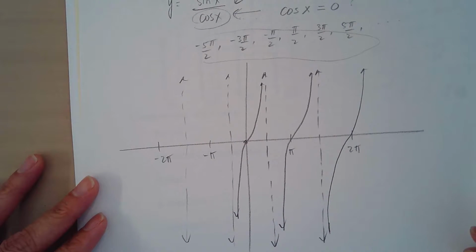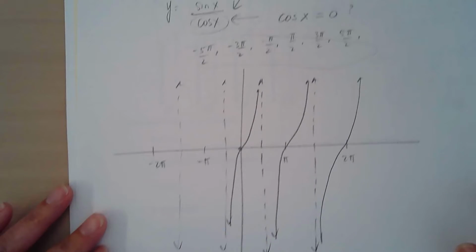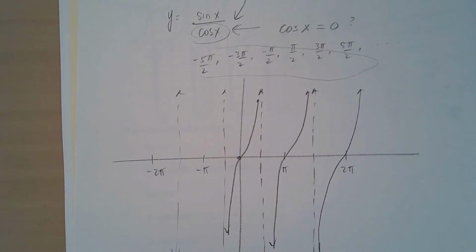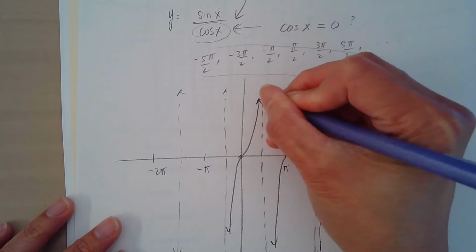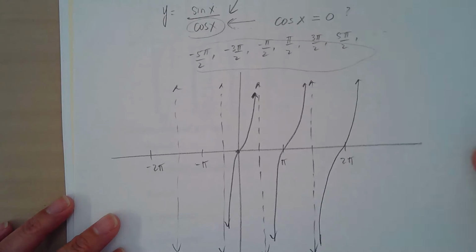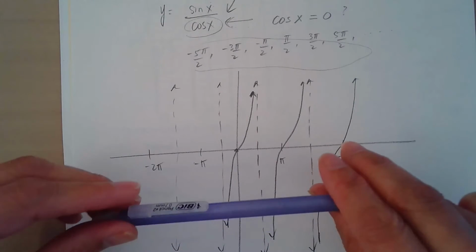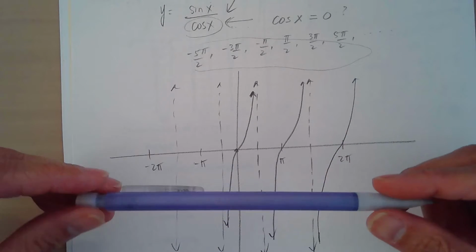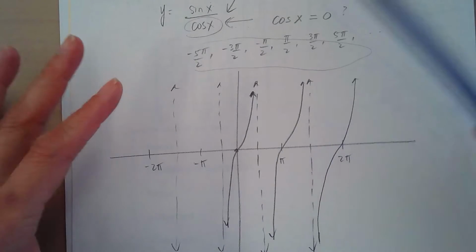Now, are there any horizontal asymptotes in here? No. Okay. There's no horizontal asymptote.